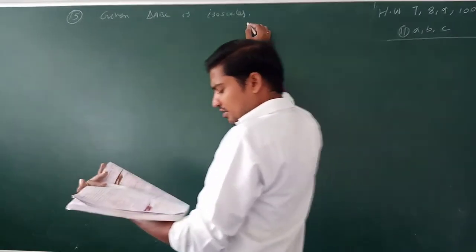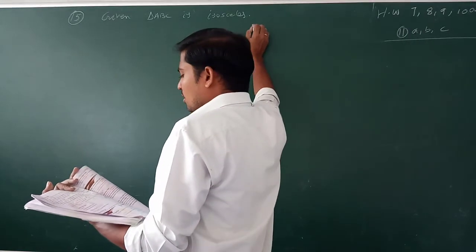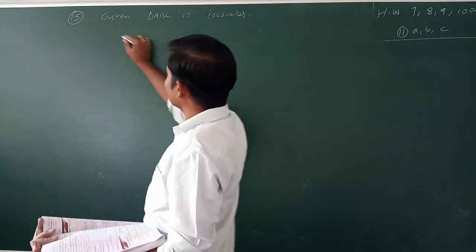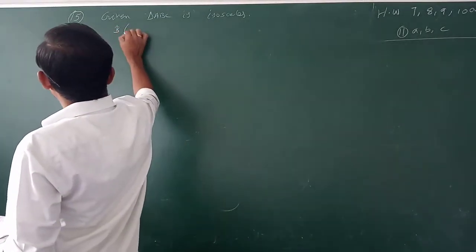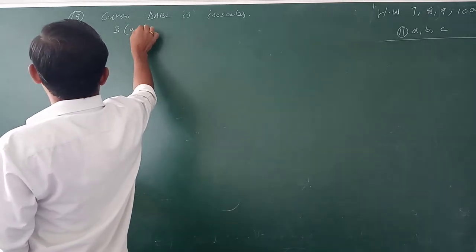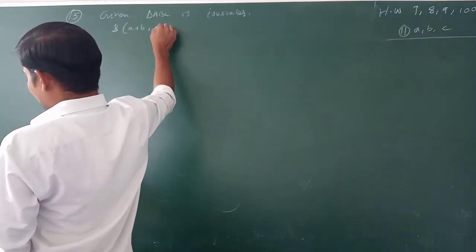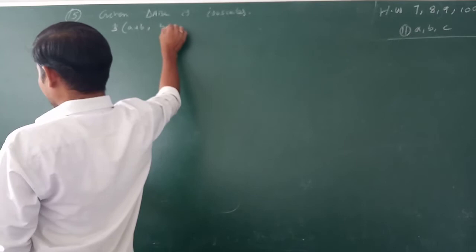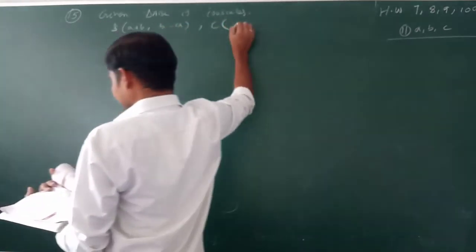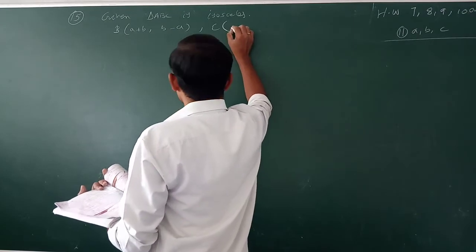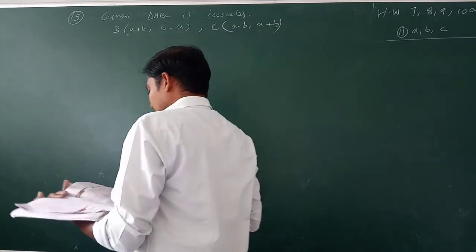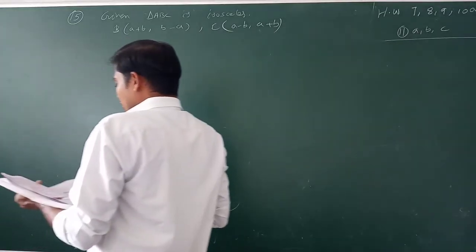B coordinates and C coordinates are also given: B is (a plus b, b minus a), C is (a minus b, a plus b). Then the coordinates of A.